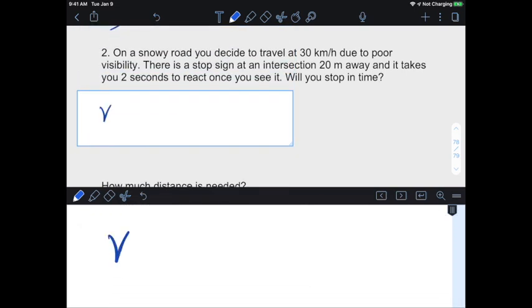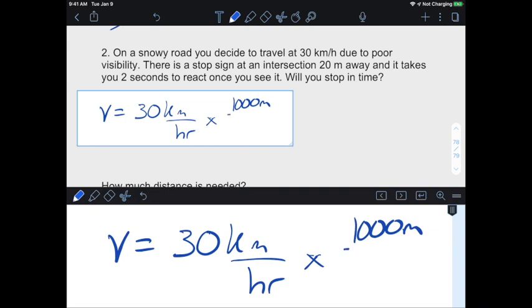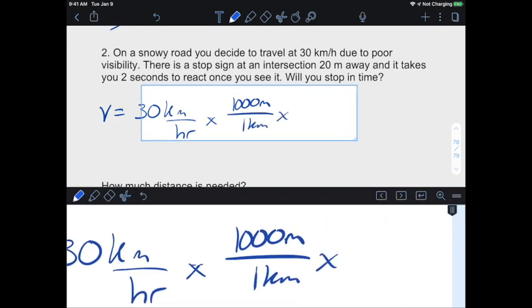So let's do some conversions. We have our 30 kilometers per hour. And we're going to be doing that division by 3.6 or multiplying by 1,000 and dividing by 3,600.